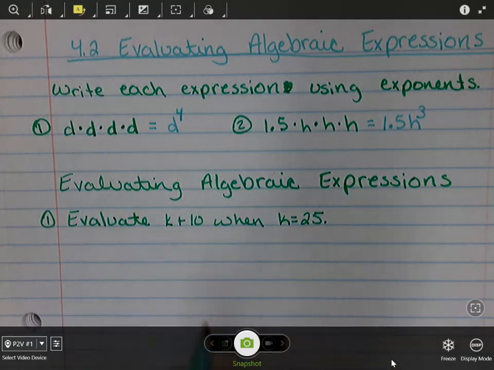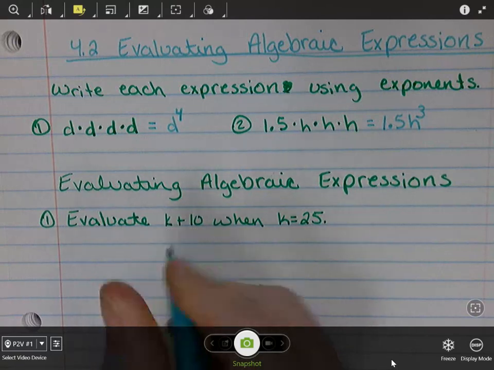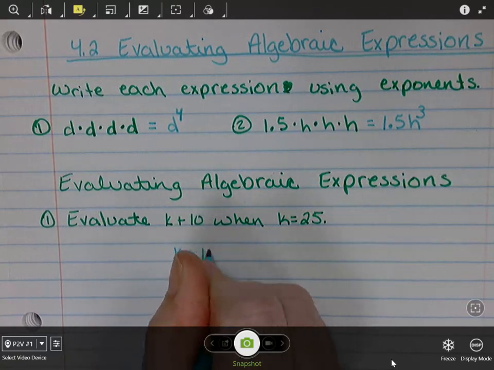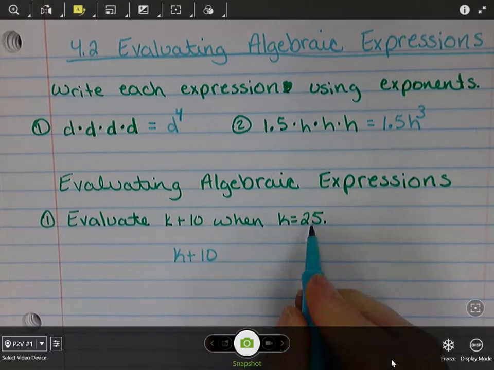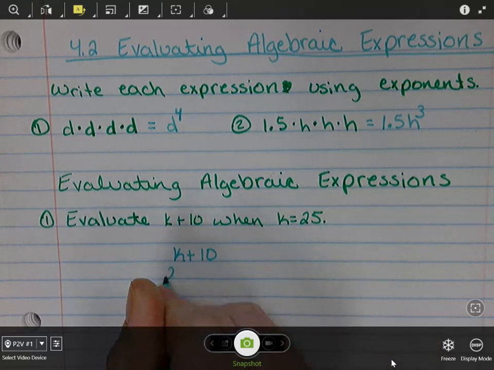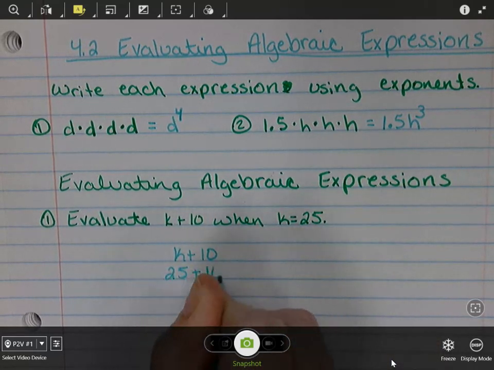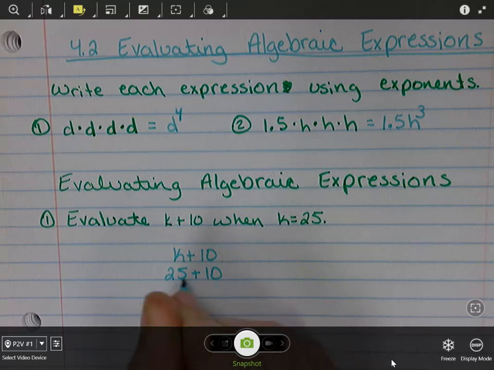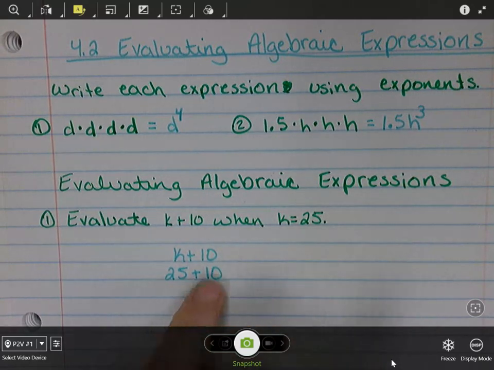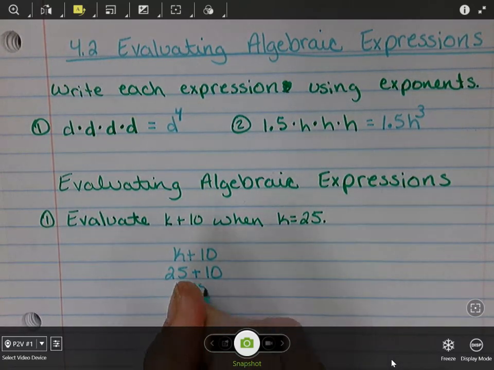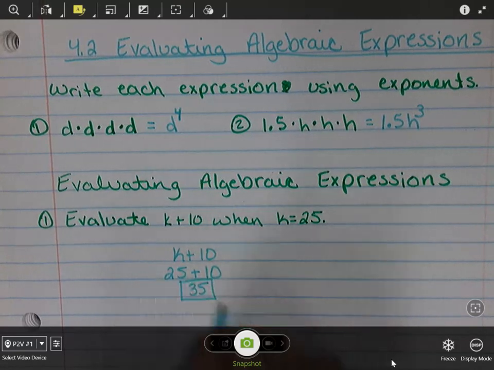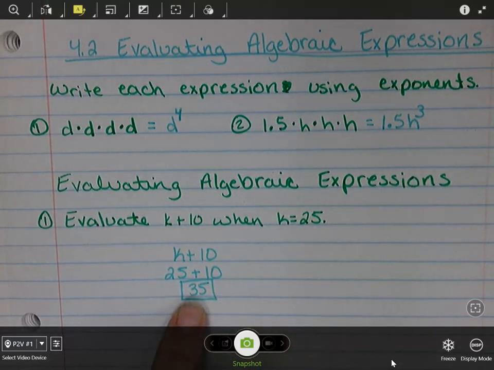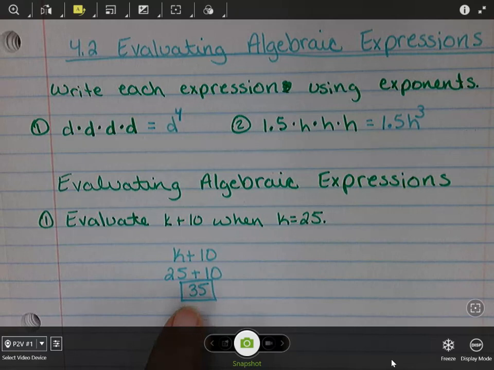My expression is k plus 10, and in place of this k, I would put the 25. So I would put 25 plus 10, and then I would simply simplify that. 25 plus 10 is 35. So whenever you evaluate an expression, you get one final answer, a number. Your answer should be a number whenever you evaluate an algebraic expression.